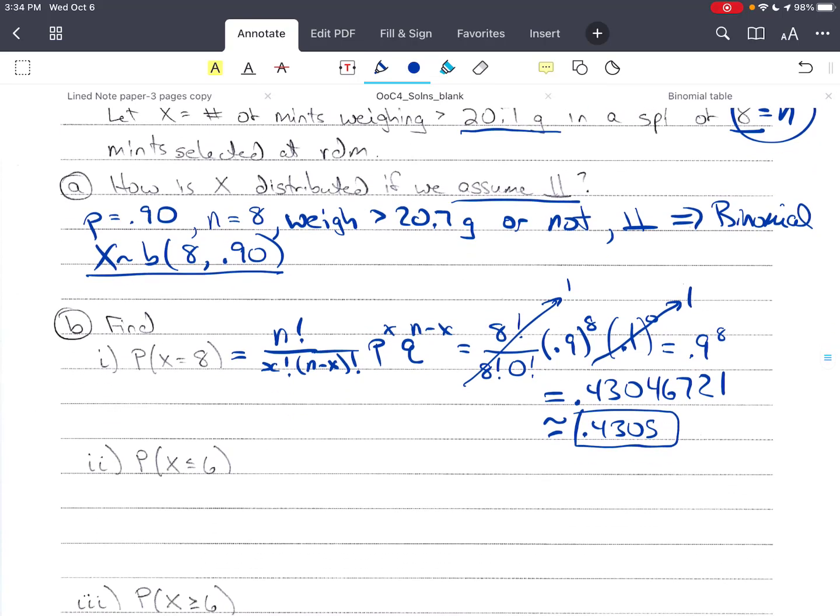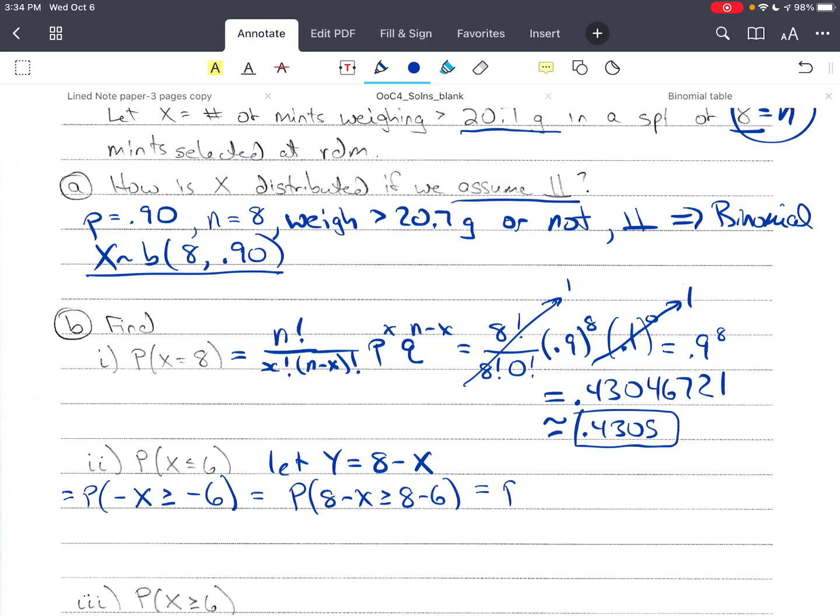Now I want to know the probability that X is less than or equal to 6. I do not want to calculate 6 probabilities, so I am going to make the transformation. I'm going to say let Y equal 8 minus X, because n is 8. So the probability that X is less than or equal to 6 is the probability that negative X is greater than or equal to negative 6, which is equal to the probability that 8 minus X is greater than or equal to 8 minus 6.